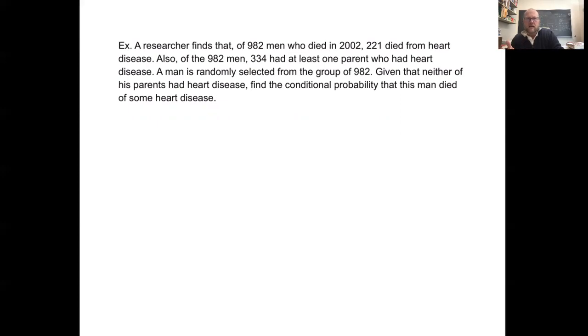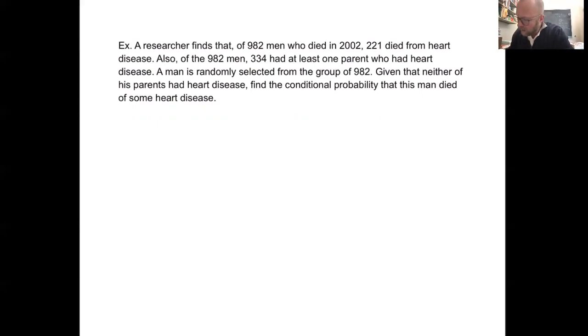Also, of those 982 men, 334 had at least one parent that had heart disease. A man is randomly selected from the group. Given that neither of his parents had heart disease, find the conditional probability that this man died of some heart disease. So let's see what happens here.